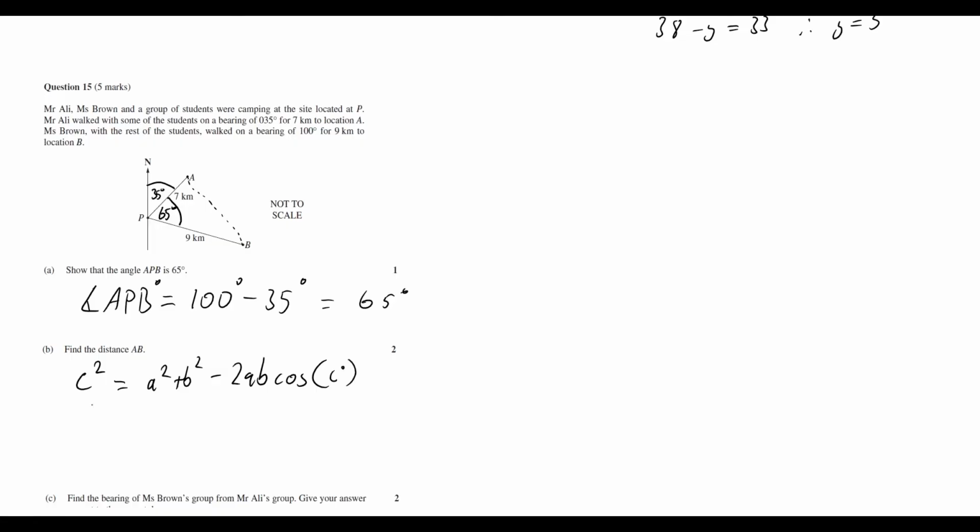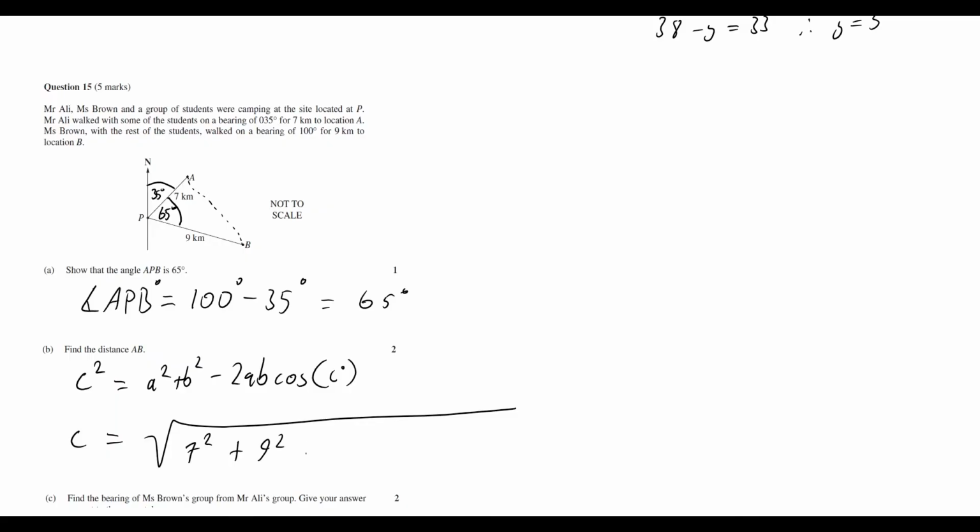Okay, so now let's quickly write everything in. So we know that c must then be equal to the square root of, so let's say a is going to be maybe the 7 kilometer side. So we'll write 7 squared plus, and then b must be the 9 side.